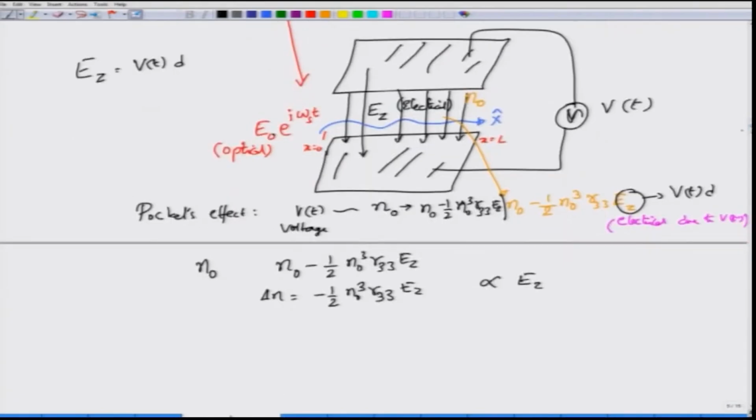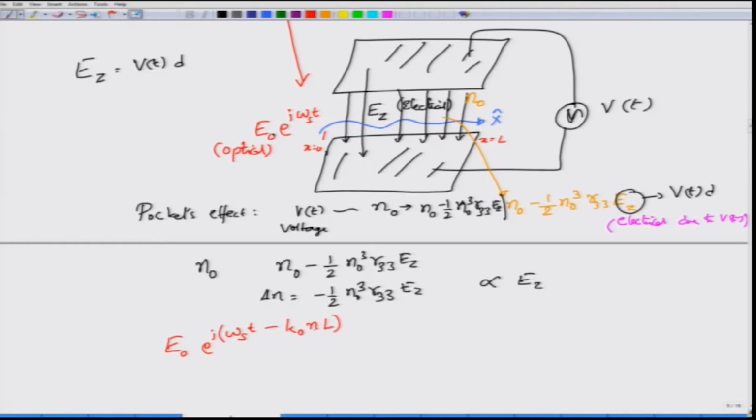So, what does this effect imply for us? The electric field of the optical wave after propagating through this medium, when it comes out at x equal to L, will become E0, its amplitude has not changed, e power j omega st minus k0 n L, correct.